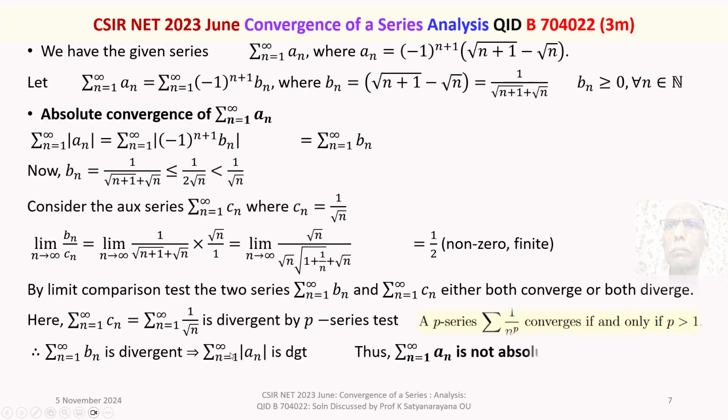That means sigma n equals 1 to infinity mod an is divergent. That means sigma an is not absolutely convergent.